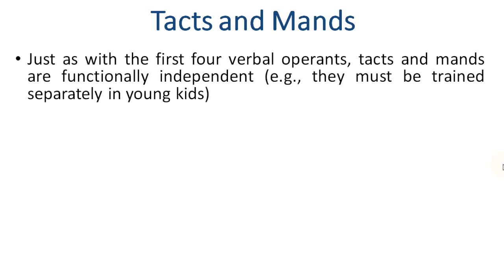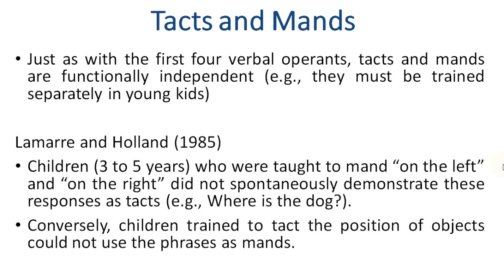Just as with the first four verbal operants, tact and mand are functionally independent, and that means that they must be trained separately in young kids. Lamarre and Holland in 1985 demonstrated this experimentally. They taught children to request where to place an object or a toy, whether they wanted it on the left or on the right.